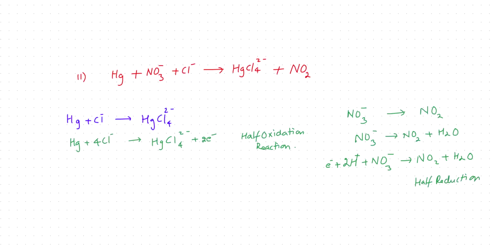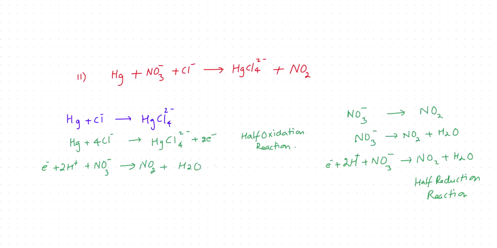Now to write the total final redox reaction, we write this equation below, the first equation. So electron plus 2H plus NO3 negative forms NO2 plus H2O. Now in the final equation, there is no electron, so we have to cancel this electron.